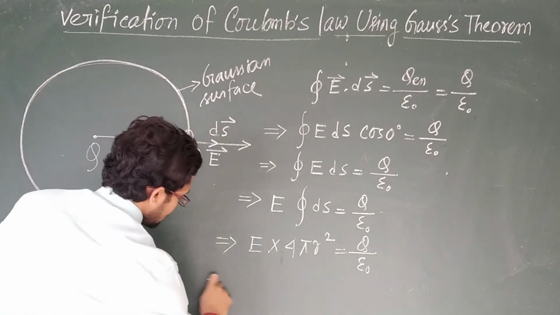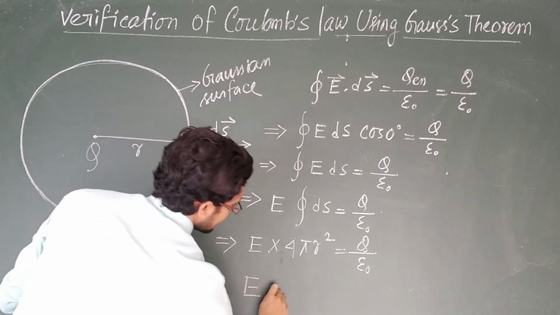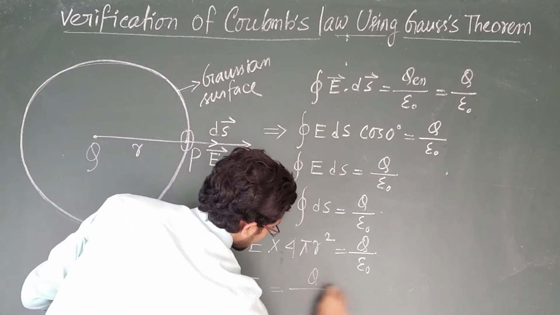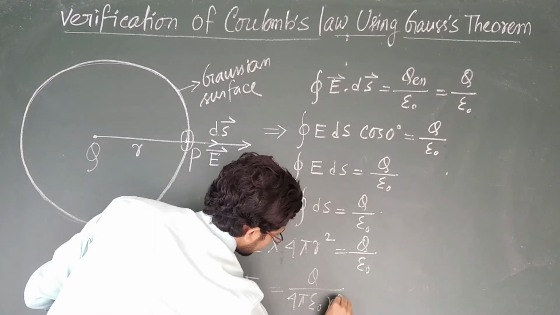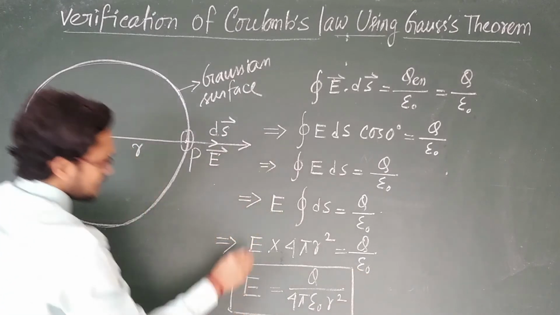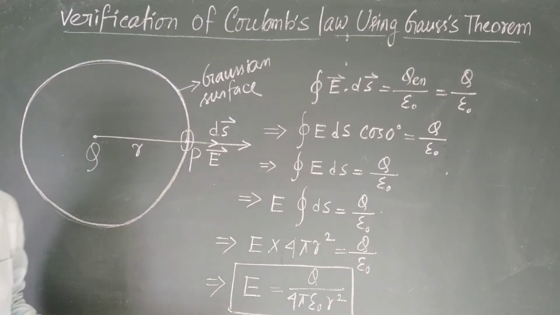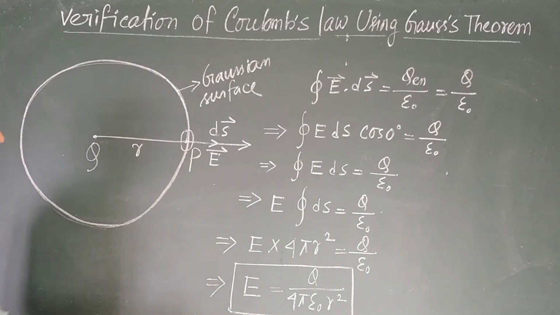Then E, the electric field intensity at point P, will be q by 4 pi epsilon 0 r square.